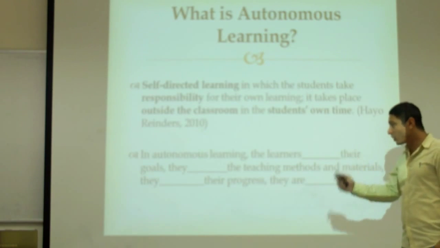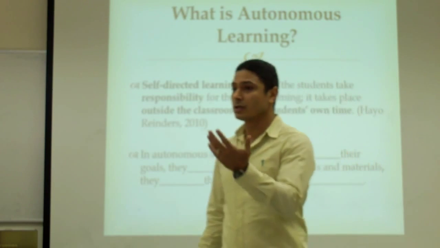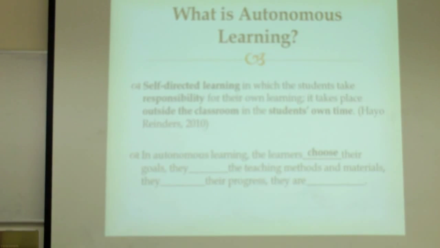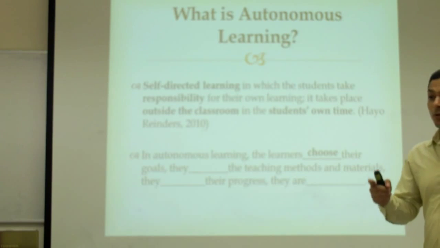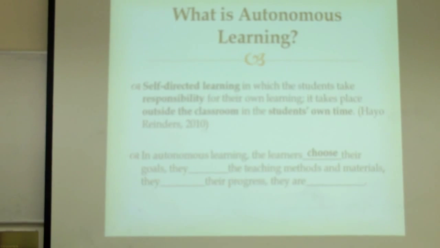In autonomous learning, the learners what? Set their goals, choose their goals, identify. Exactly. They choose their goals or set their goals. They select the teaching methods and materials. They could be aware, but they may not choose.